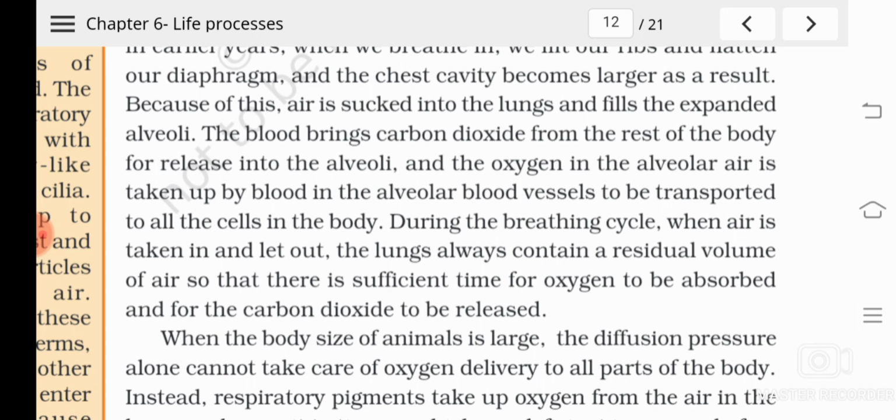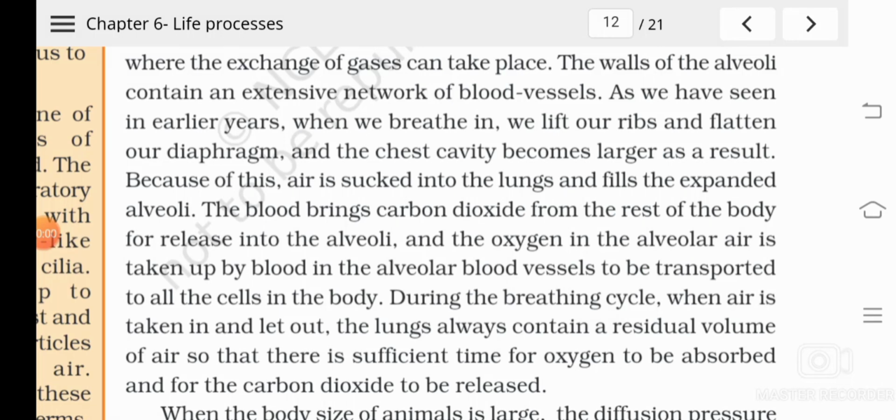When it comes back from the different parts of the body to the alveoli, around the alveoli there is a network of blood capillaries, and this blood will have more carbon dioxide. So carbon dioxide enters from the blood capillaries into the alveoli. And the alveoli, having more carbon dioxide, will be expelled out during exhalation.